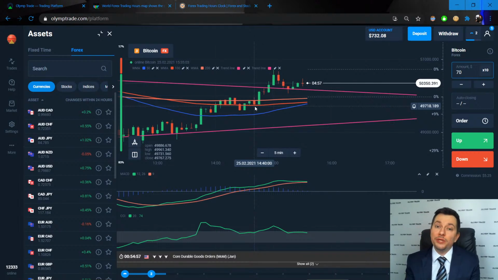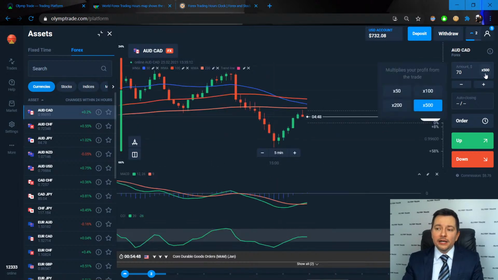As much as you gain, if you're wrong in the market, that's also how much you lose. So always make sure that you control your multiplier. I never recommend using the 500 multiplier.